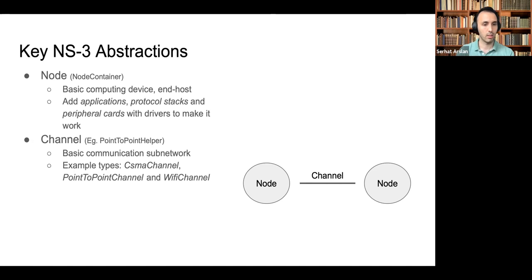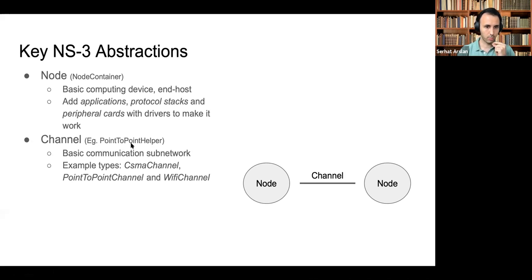For example, Wi-Fi. You can have lots of laptops, your TV, your mobile phone, all connected to the same Wi-Fi channel to talk to your router and connect to the internet. But in our case, we're going to be working with point-to-point channels.